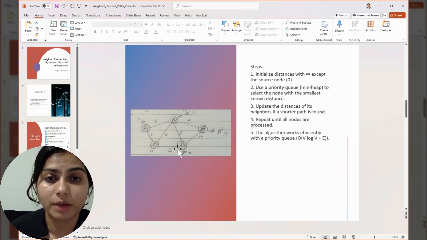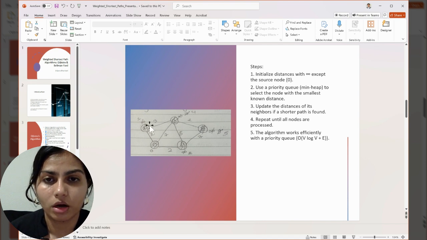Another shortest path is D. When I add 0 plus 2, it is 2. Same for the direct path to B: when I add 0 plus 7, it is 7. That's how I got 7 here.